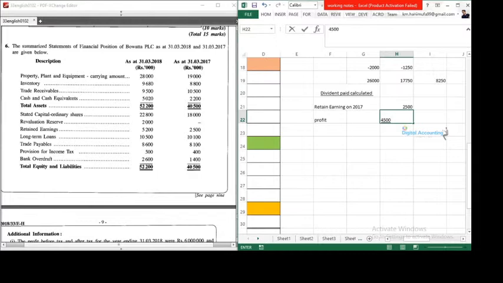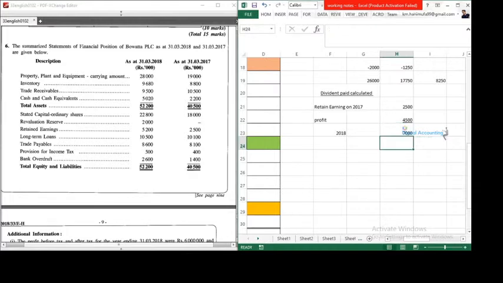If you add this back, you will get the retained earnings at the end of 2018, and you will get that value, 7,000, right?